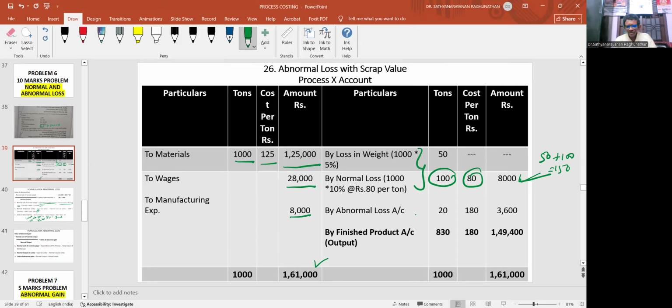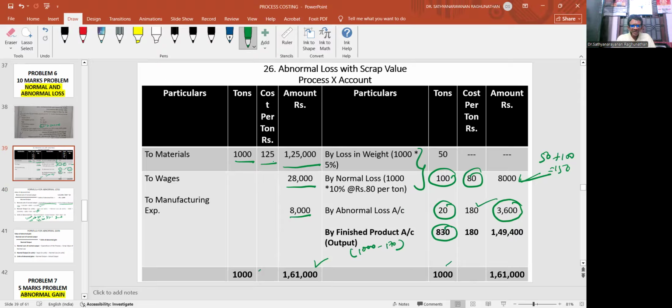So by abnormal loss account, in the tons column you have to put 20, and in the value column, rupees 3,600, whatever we have worked out. Now cost per ton is 3,600 divided by 20, that is 180. Understood? Now, the same 1000 you have to put here. You see, 50 plus 100, 150 plus 20, 170. 1000 minus 170, 830.